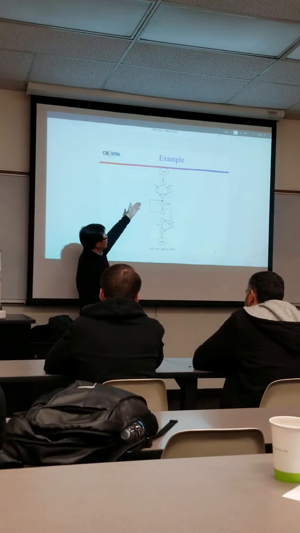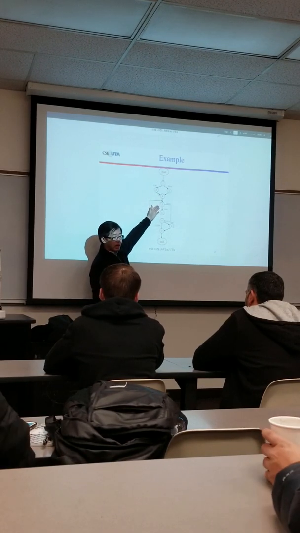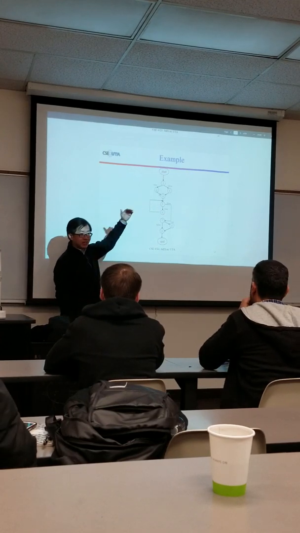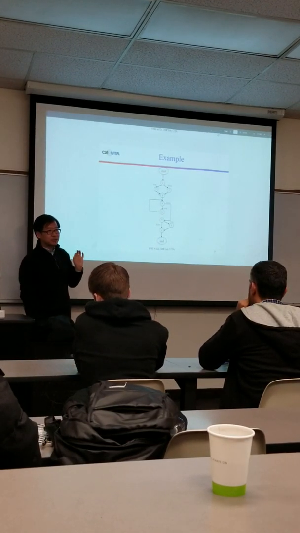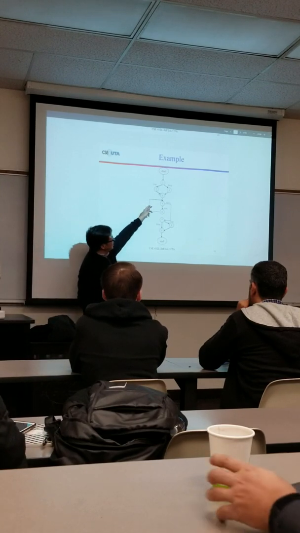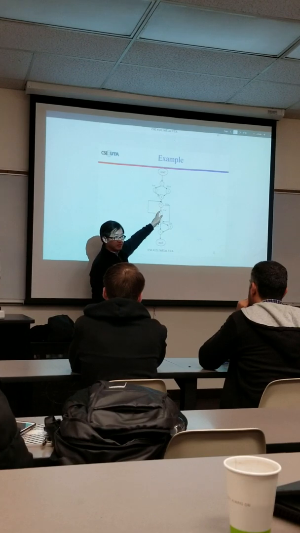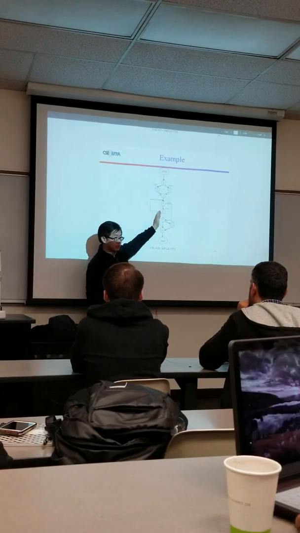Imagine that each basic block inside the control flow graph is a sequence of statements. If you do not use basic blocks, you are going to have a linear sequence of those statements, with no branch inside each basic block.